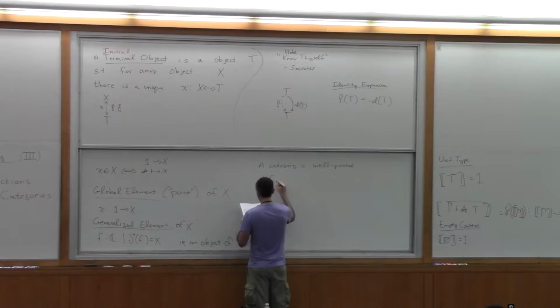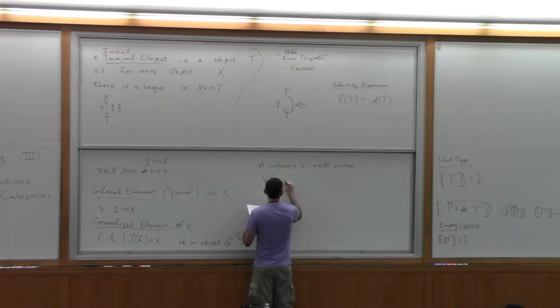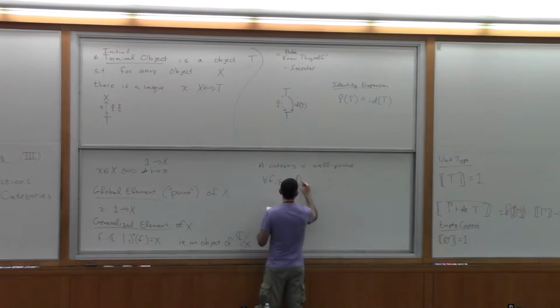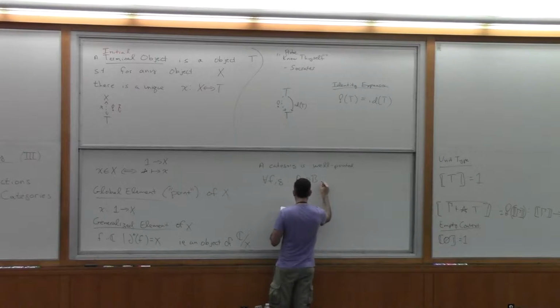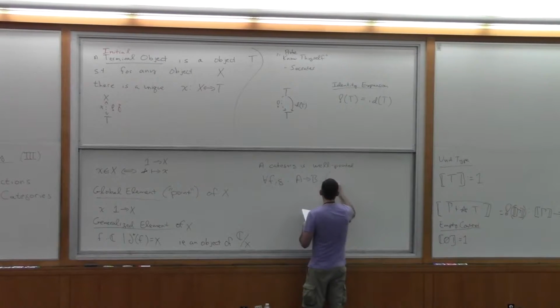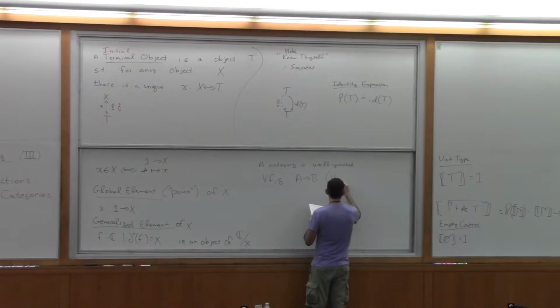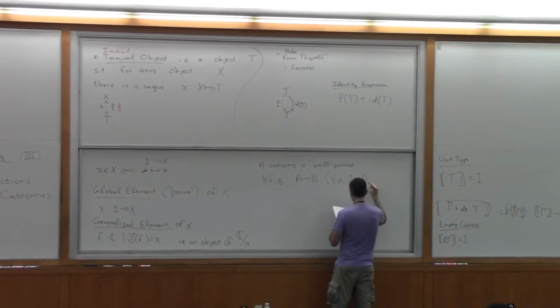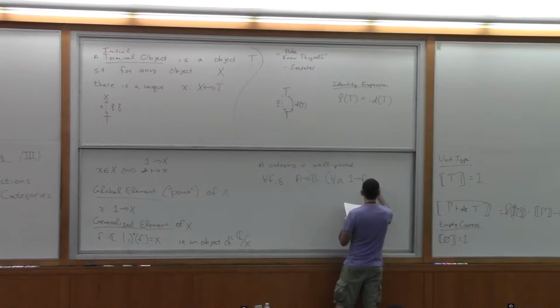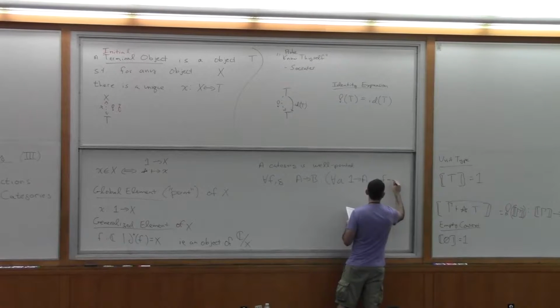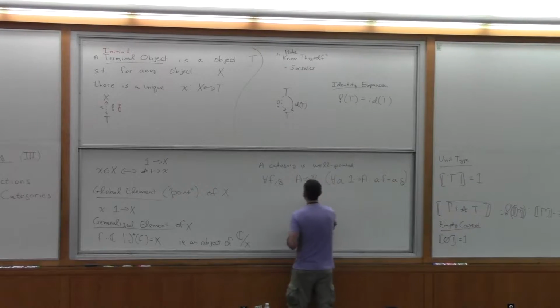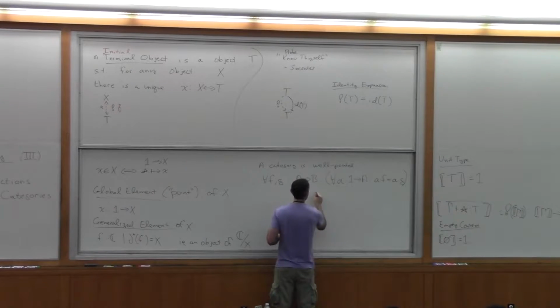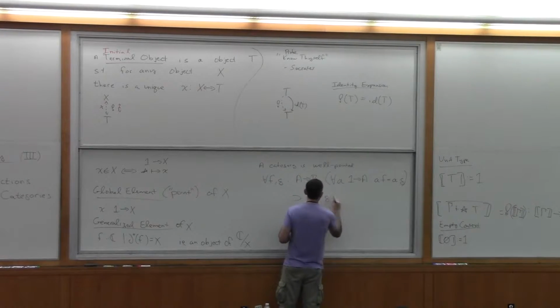If for any parallel maps, say F and G in the category, if for all the points, okay, so I have to line wrap here, this implies that the maps are equal.